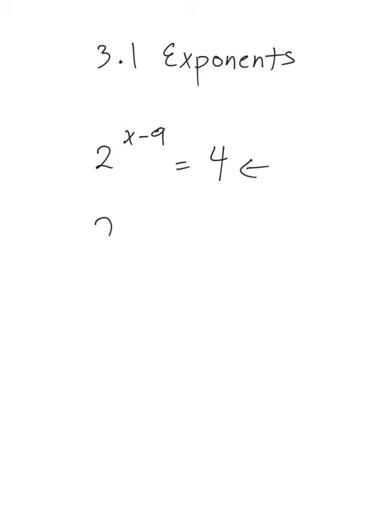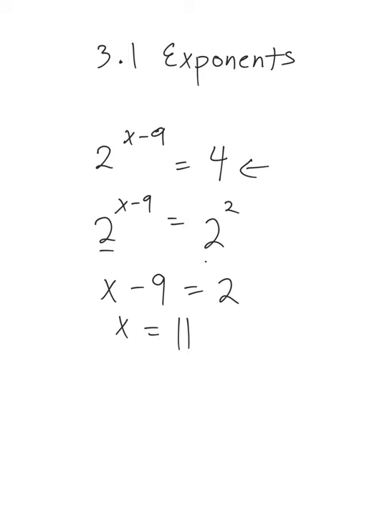So I can say 2 to the x minus 9 equals 2 squared. Since the bases are equal, I can just say, how do I get x minus 9 equal 2? Well, that makes it that x has to equal 11. Add 9 to both sides, you should get 11.